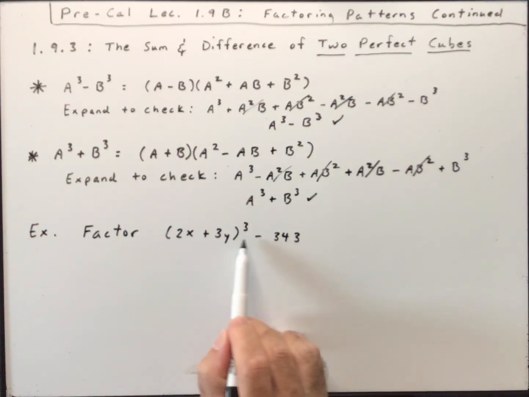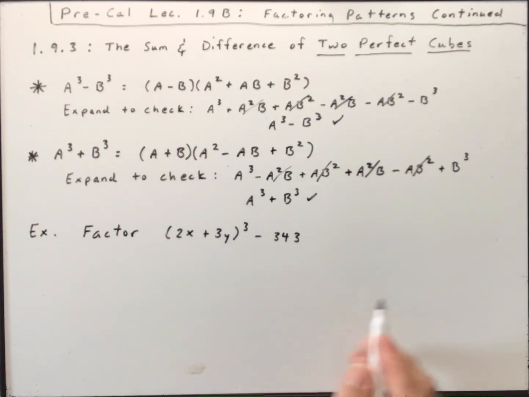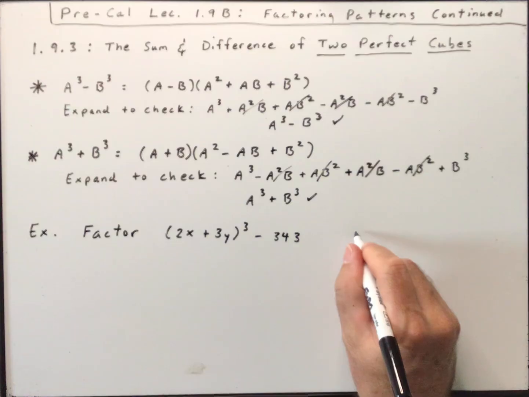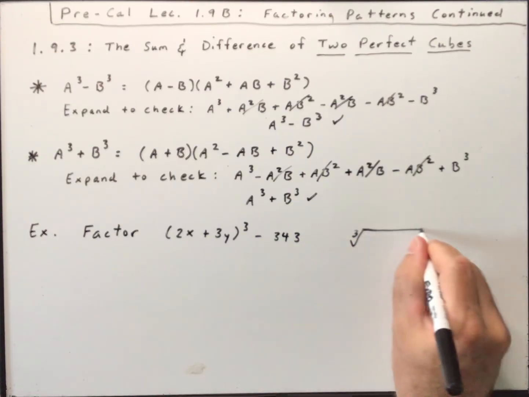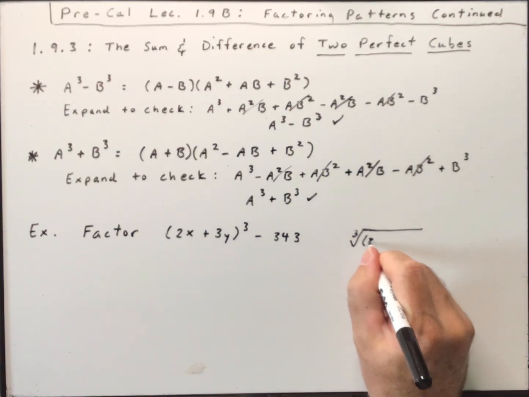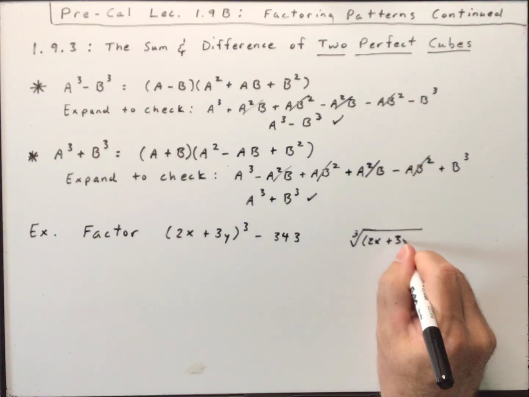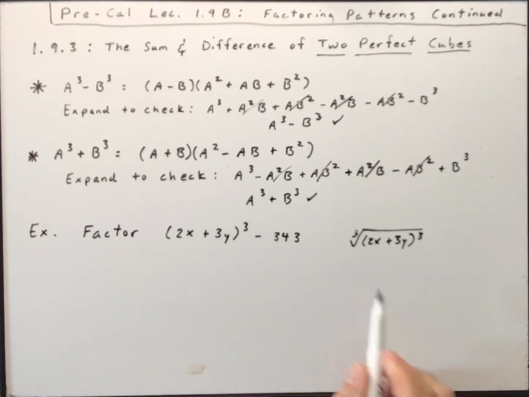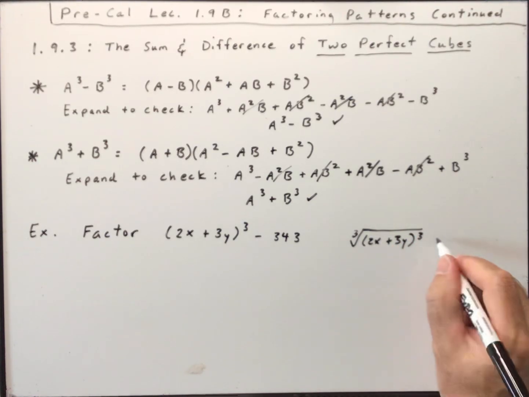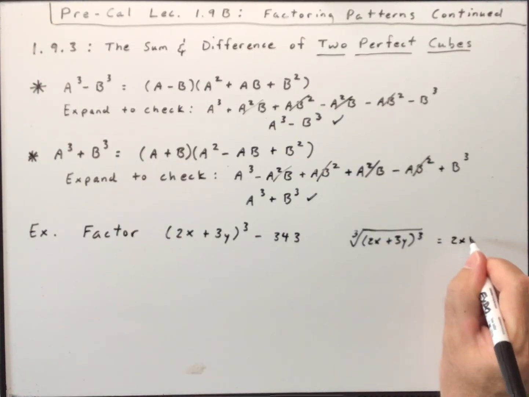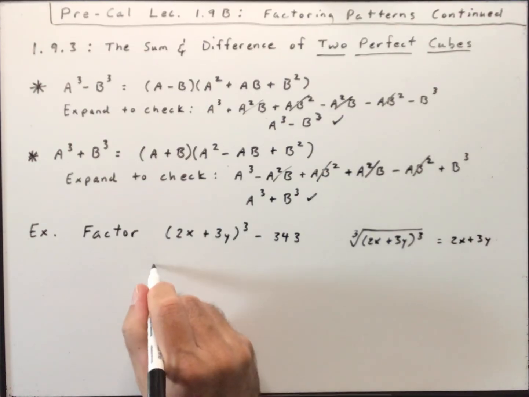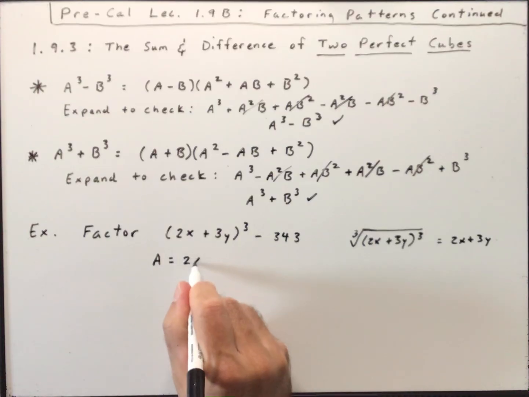So this is actually the difference of two perfect cubes. What is the cube root of 2x plus 3y all cubed? Well, the cube root and the cube cancel, so you just get 2x plus 3y. So a is equal to 2x plus 3y.